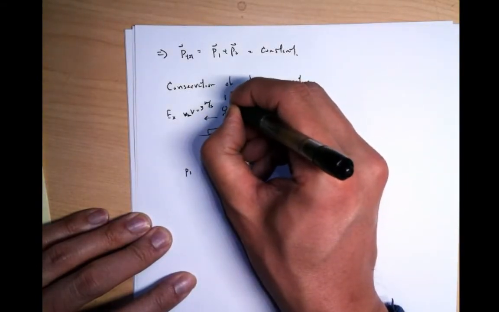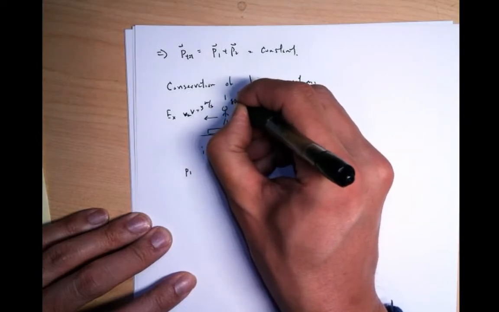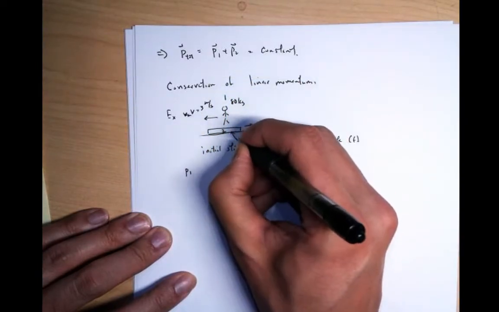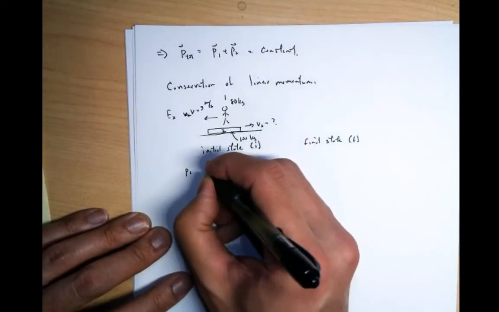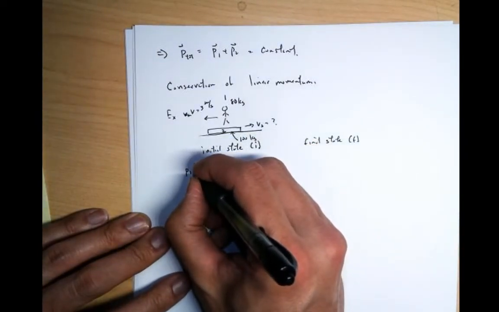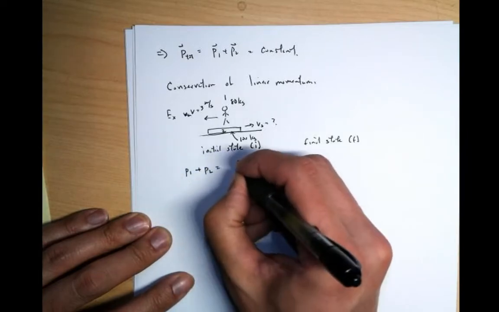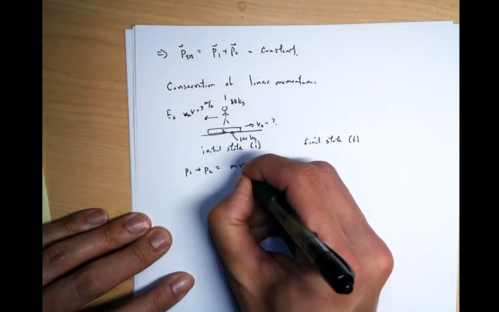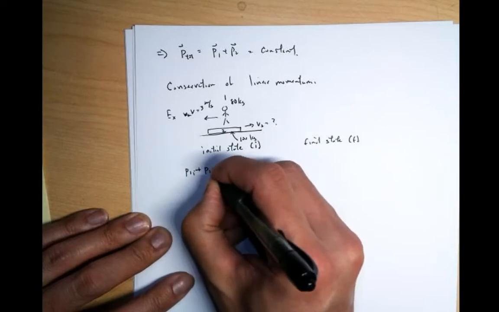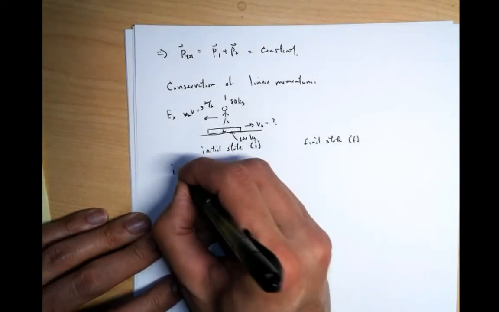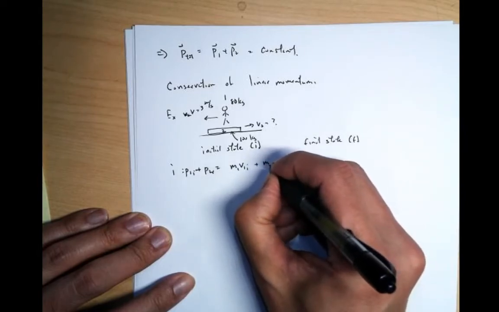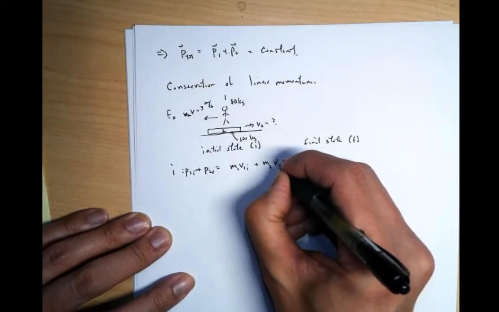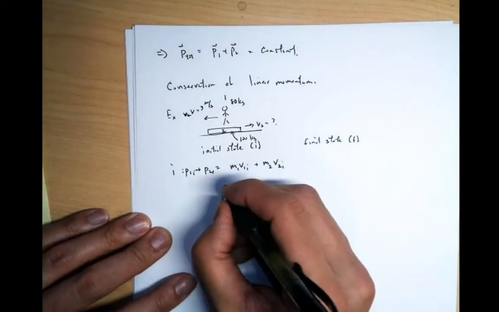Let's call the mass of the person 80 kilograms, and the sled is 100 kilograms, say, for instance. So P1 plus P2 is equal to the mass times the velocity of one initial, the I state, plus the mass of 2, V2 initial, right?